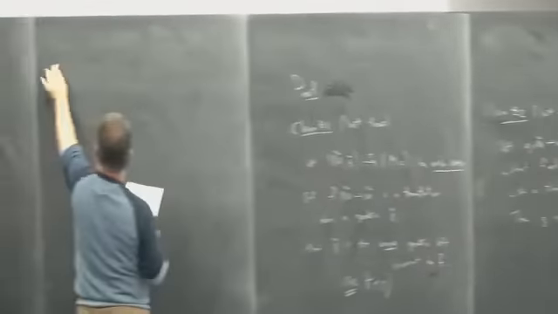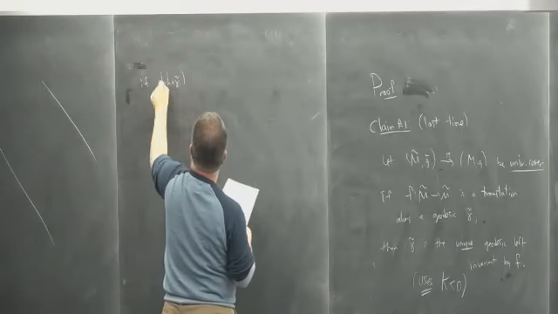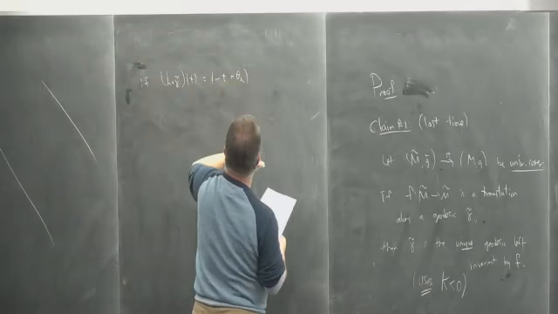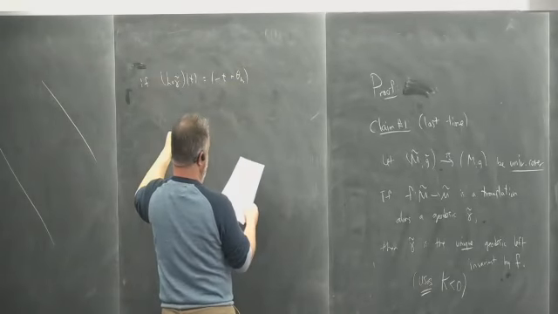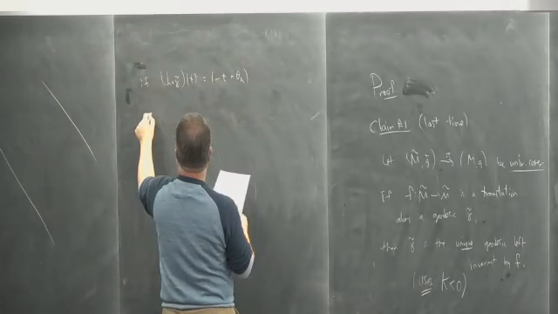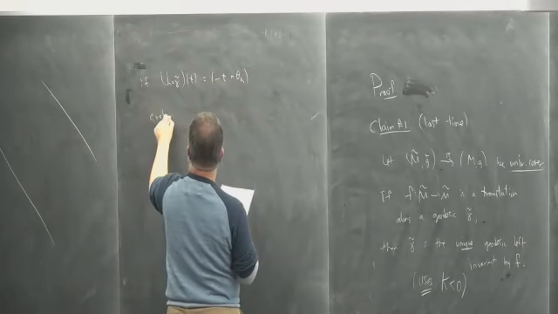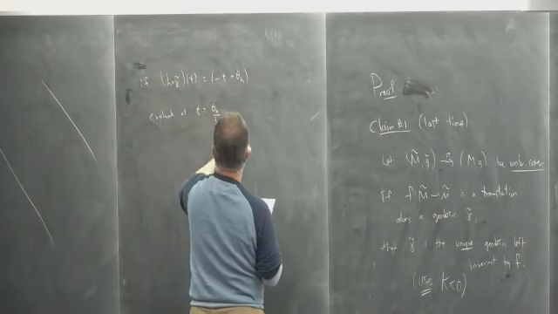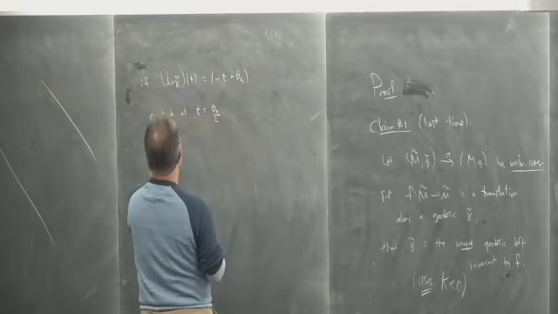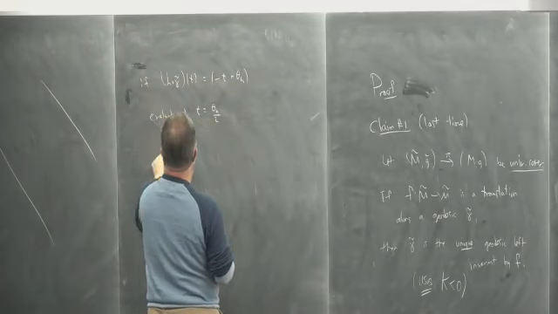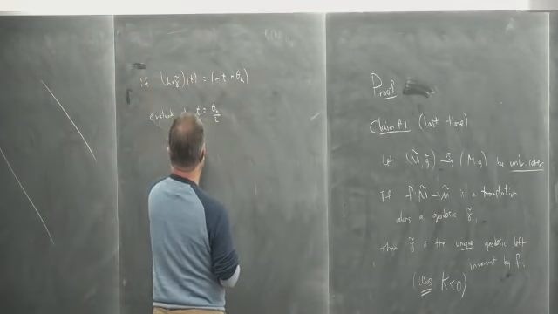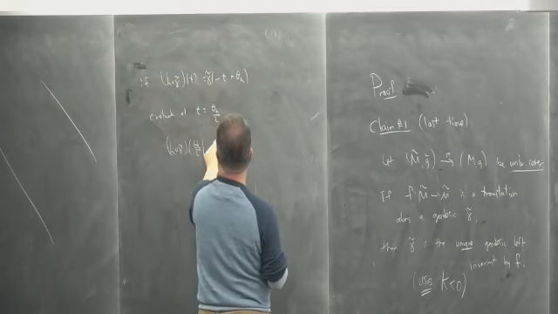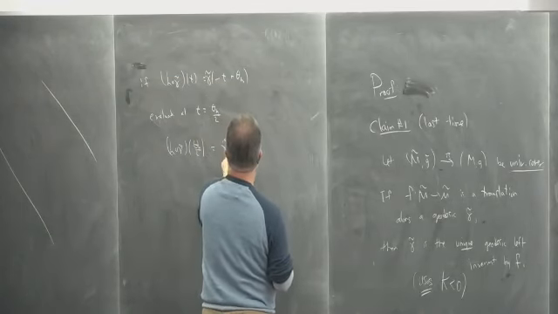So if h composed gamma tilde of t was minus t plus theta_h, let's see what happens here. Evaluate at t equal to theta_h over 2. What do we get? We get that h composed gamma tilde of theta_h over 2 is equal to, oops, I forgot my gamma tilde, gamma tilde of theta_h over 2.